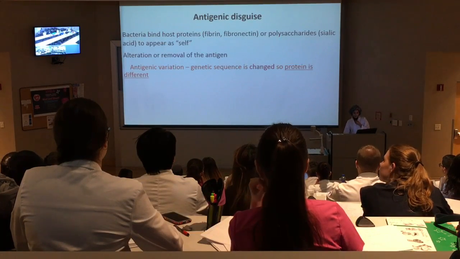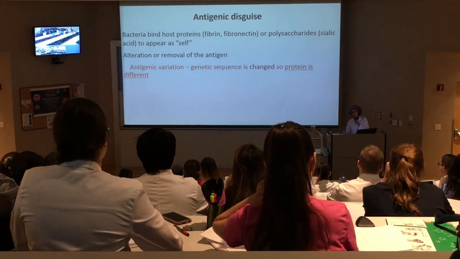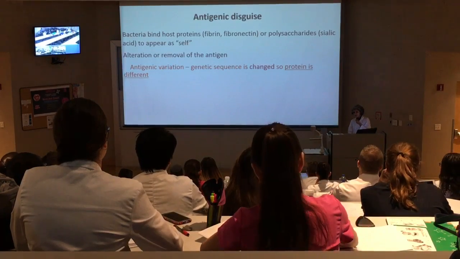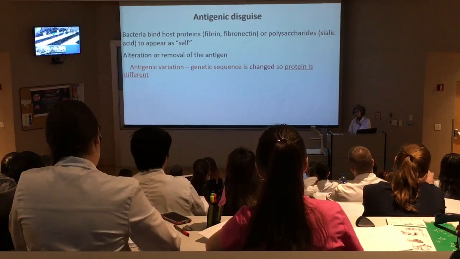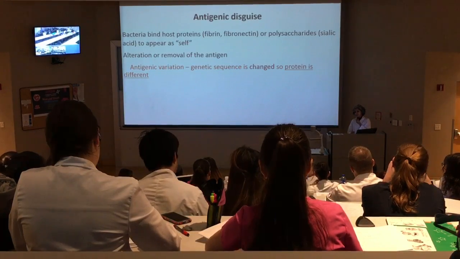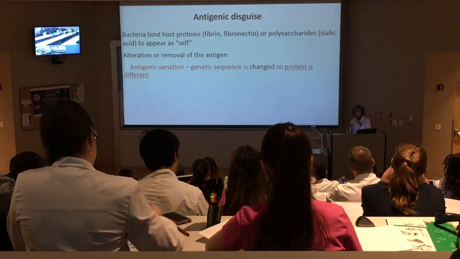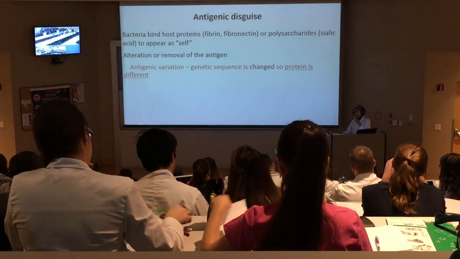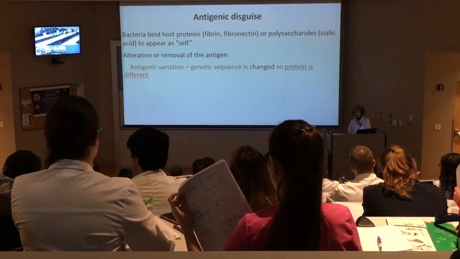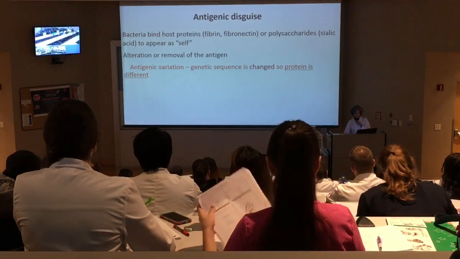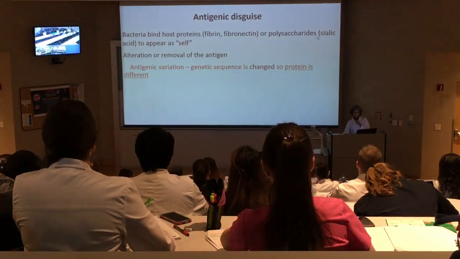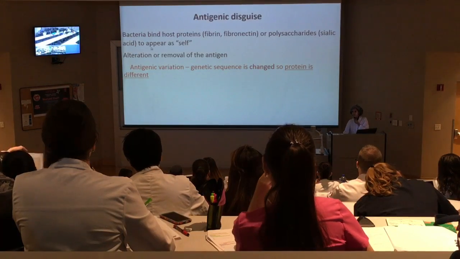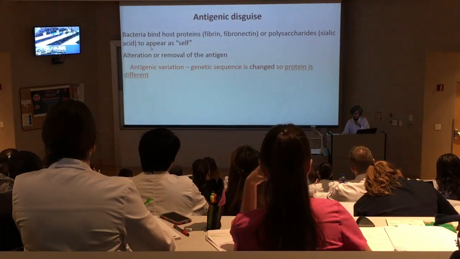So that is protein A, Staph aureus; M protein, Strep pyogenes; mucinase and urease; flagellum. We talked about Bacillus and Helicobacter, but these are virulence factors for different bacteria that cause human disease. Bacteria can also bind to host proteins or polysaccharides to make themselves appear as self-antigen.